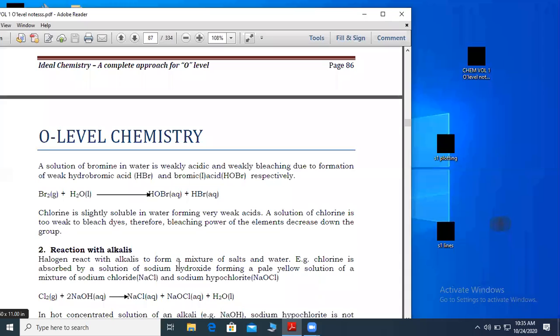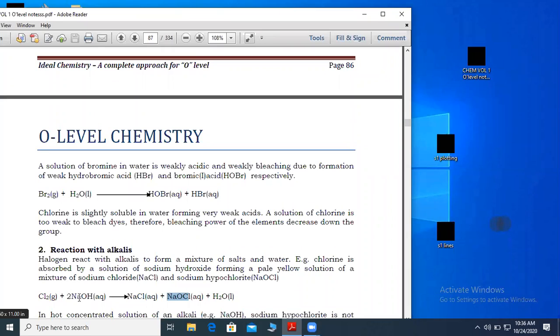When chlorine reacts with sodium hydroxide, it is absorbed by sodium hydroxide, forming a pale yellow solution. The pale yellow solution is sodium hypochlorite. This is the formula for sodium hypochlorite here, and sodium chloride plus water. But the condition here is that sodium hydroxide must be dilute and cold.